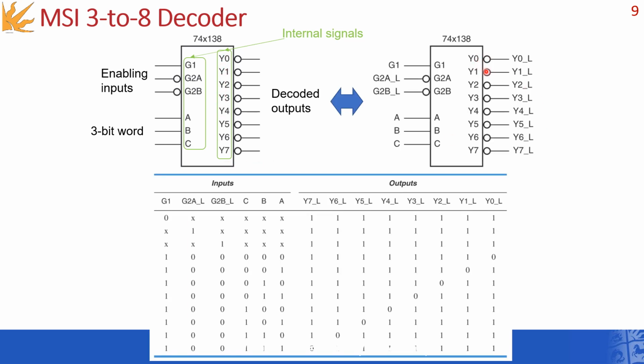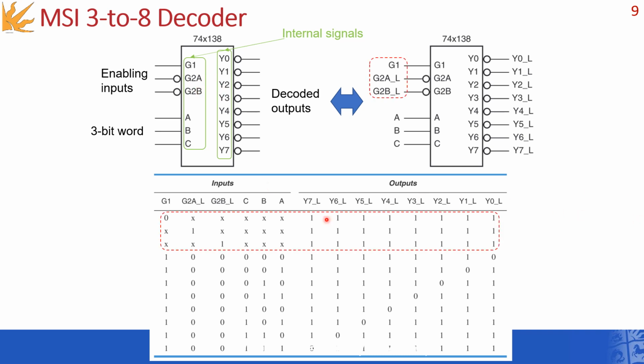This is more clear here. For example, Y0 as an output will be negated and will pass to the external world as Y0 underscore L. So if this is 1, it comes from a result which is equal to 0, and so forth. Now let's understand together why some of the specialties of this decoder.